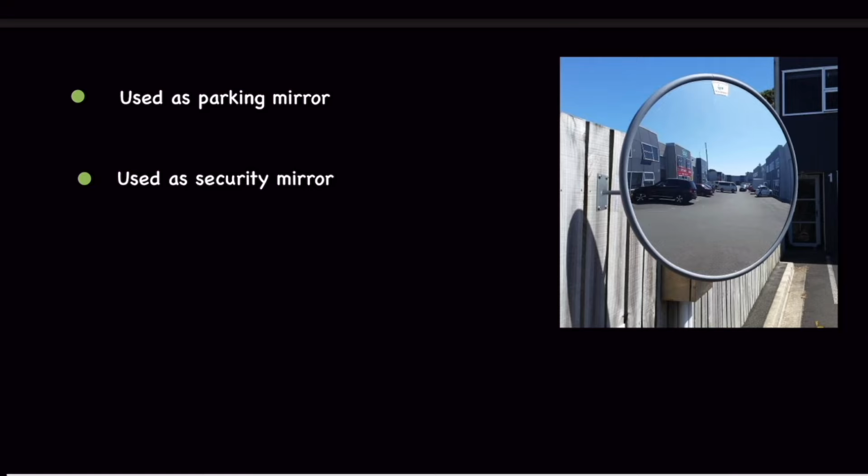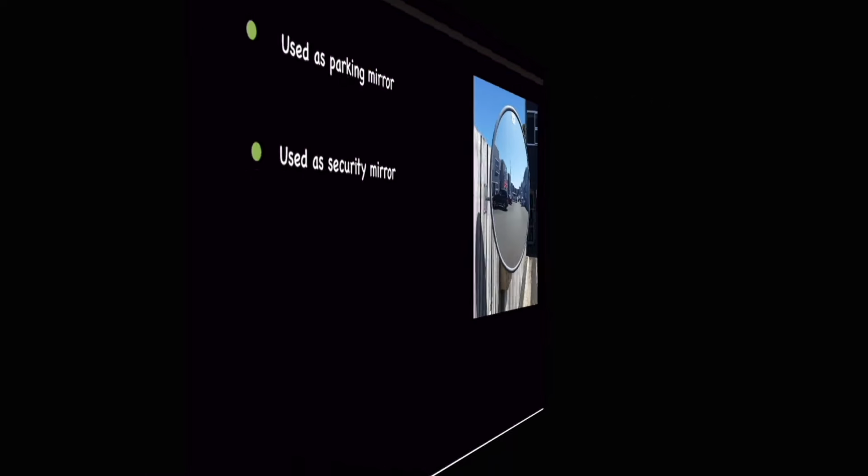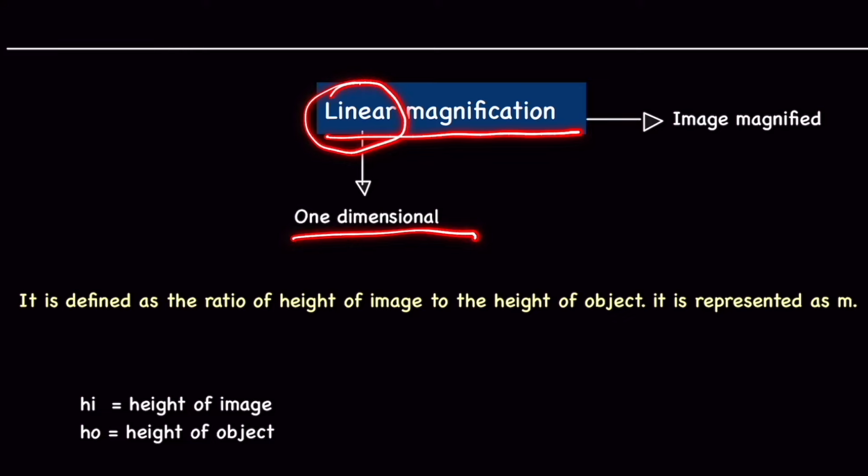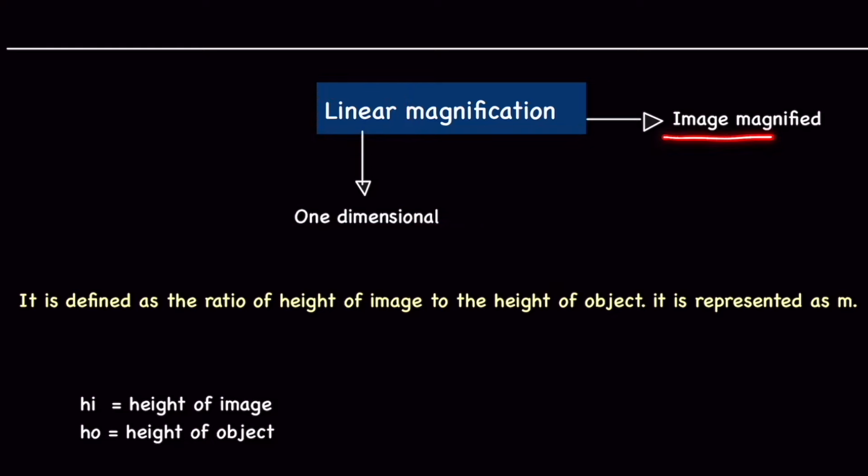Now we will study about linear magnification. So from here, our main focus is numericals. In linear magnification, linear means one dimensional, means any one axis, x-axis, y-axis, z-axis. Magnification means how much the image is enlarged or magnified.